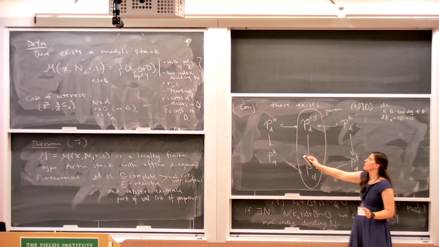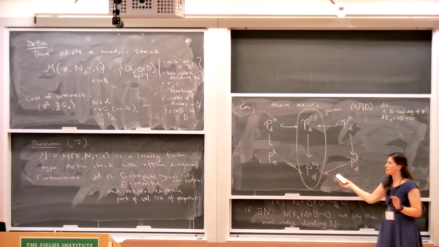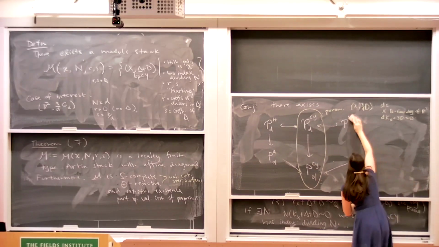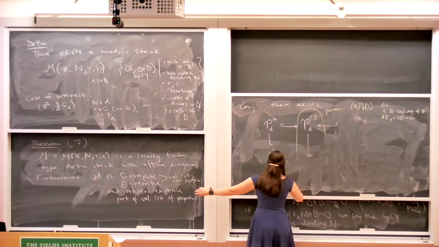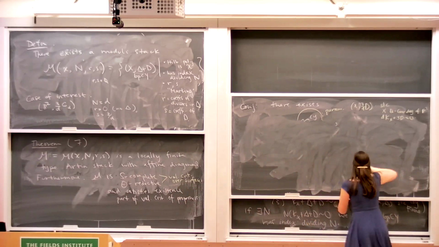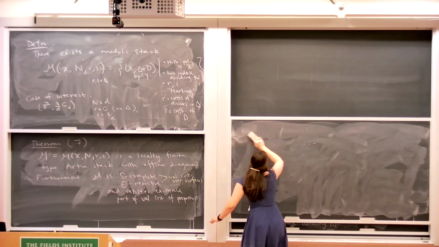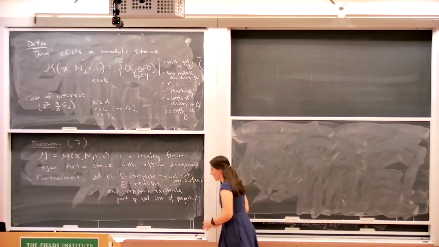Part of the goal in this construction is not just to construct the moduli stack, but it is to construct the moduli space. And it turns out that these two conditions are almost equivalent to the existence of a good moduli space. Without defining them, that's one way you could interpret them.